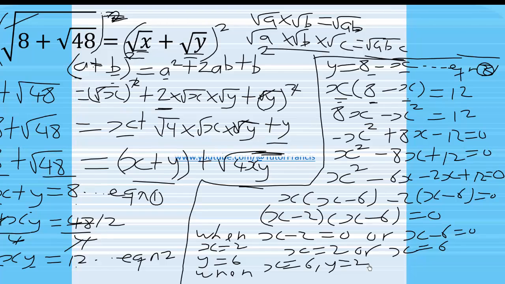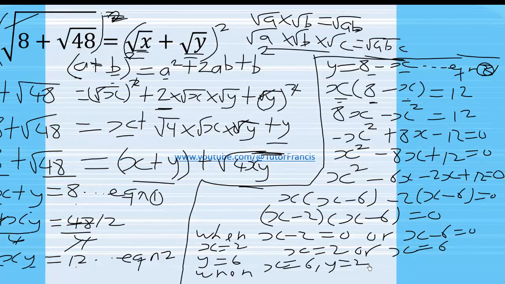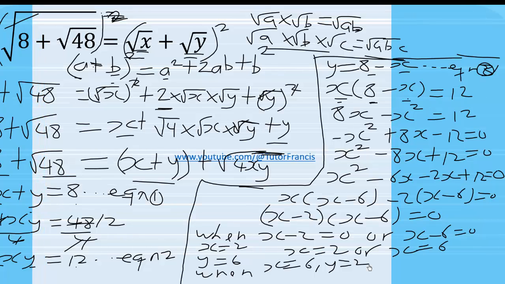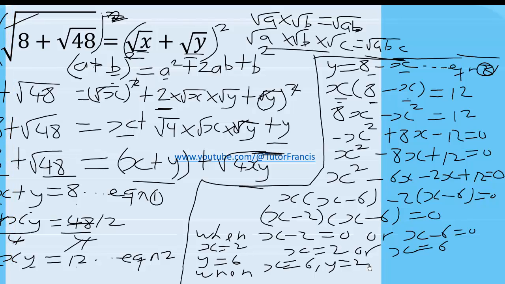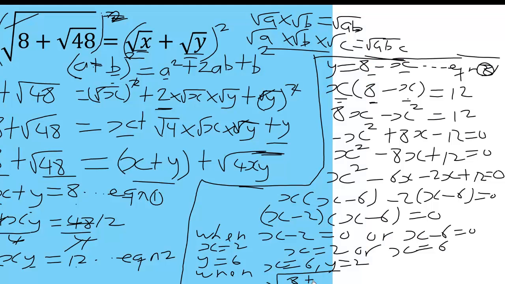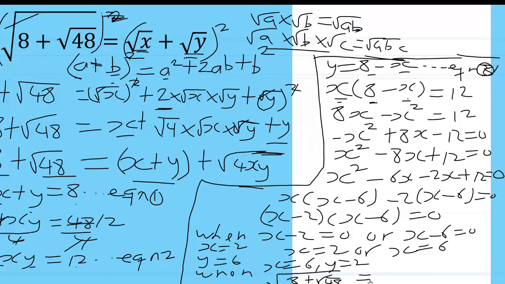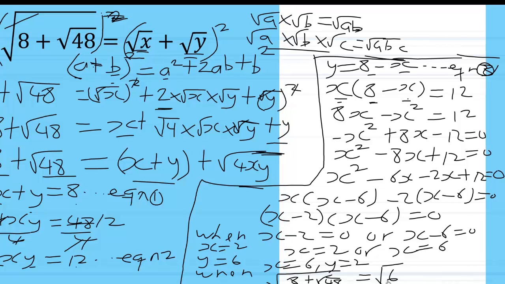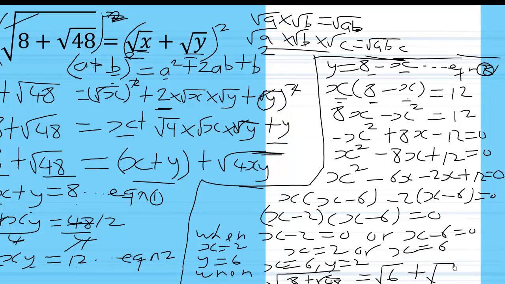So the values of x and y are either x equal to 2 and y equal to 6, or x equal to 6 and y equal to 2. So that implies that the square root of 8 plus square root of 48 is actually equal to square root of 6 plus square root of 2.